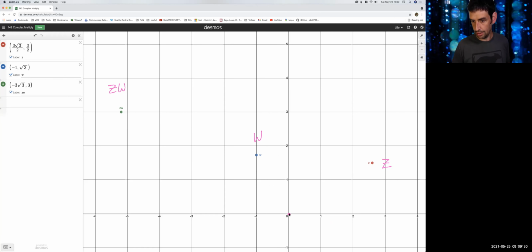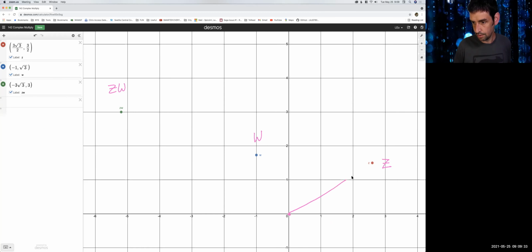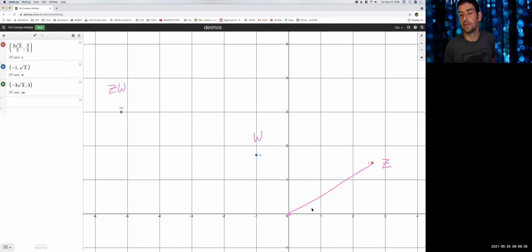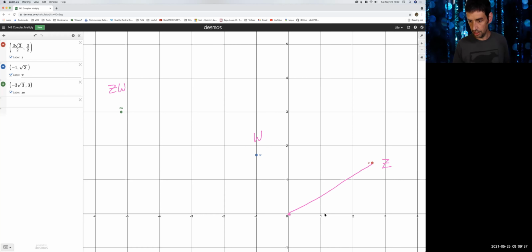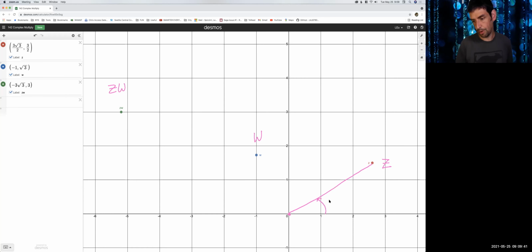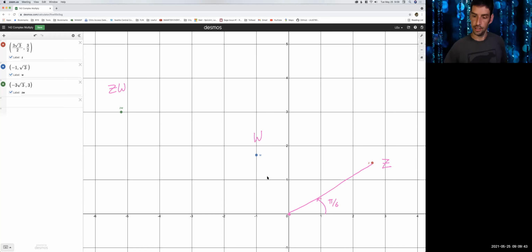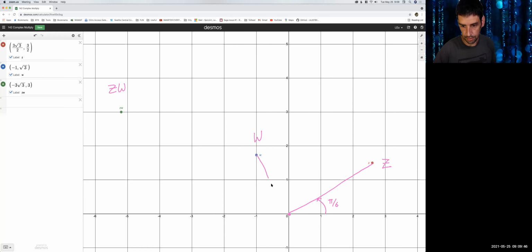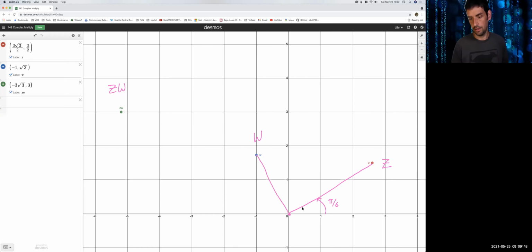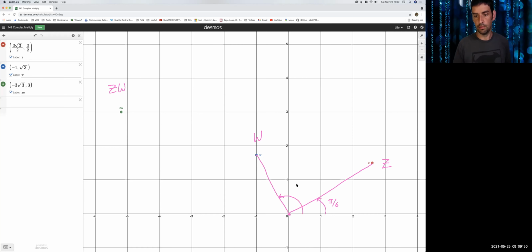I'm going to draw a line from the origin to Z. We know the angle for Z is pi over 6. Do the same thing to W. This angle was 2 pi over 3.